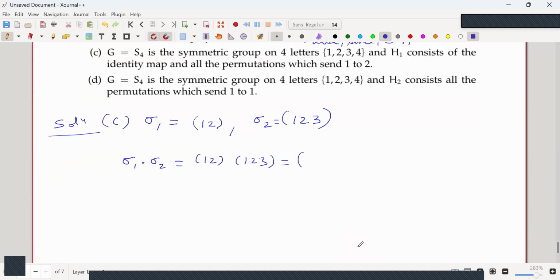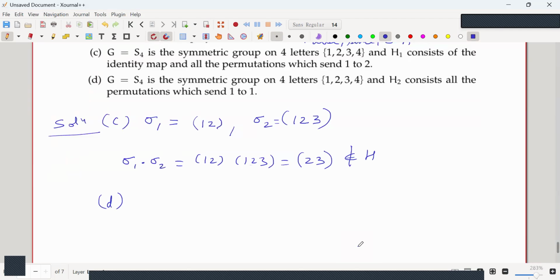Then 2 goes to 3, and 3 goes to 1, 1 goes to 2. So this does not belong to H, right? Because in H, 1 is supposed to be mapped to 2, but here 1 is mapping to itself. Correct? Yes, sir.